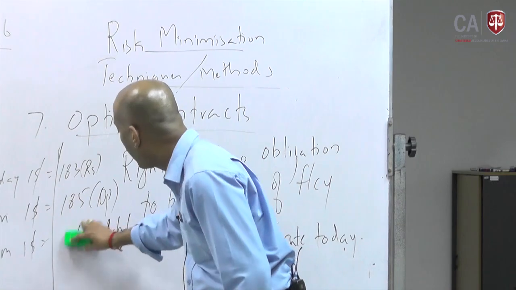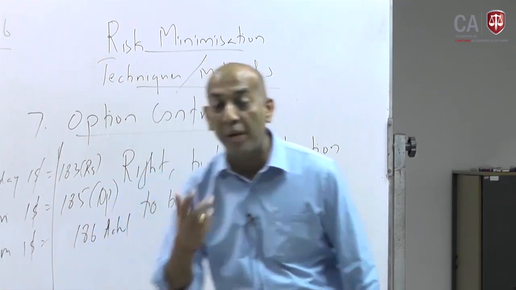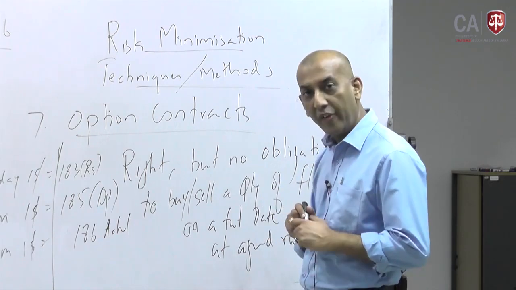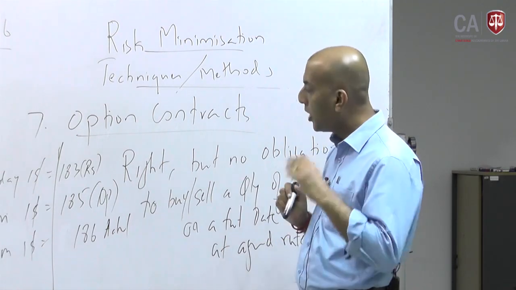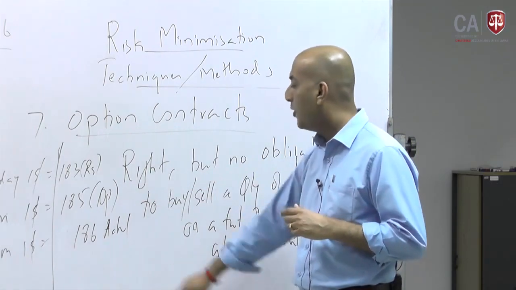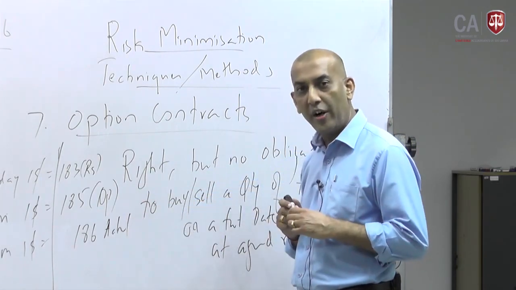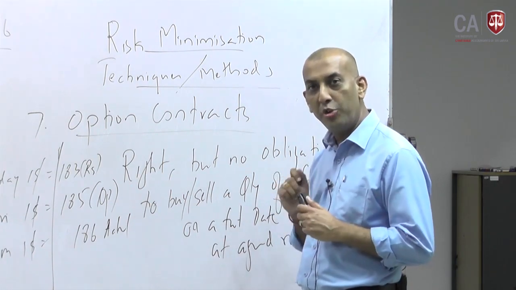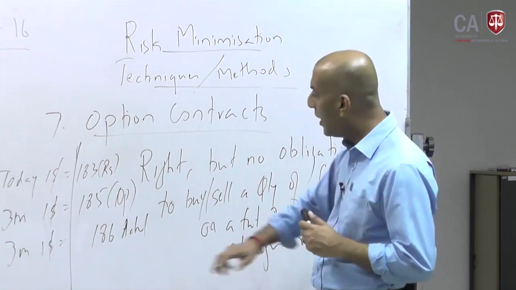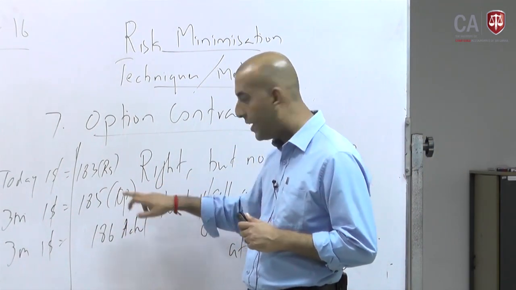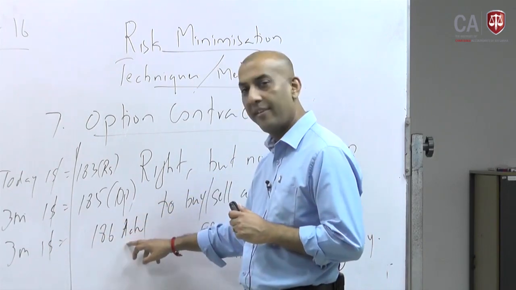But you have got the option contract at $1 equals 185 rupees. So your option contract gives you the right to buy the dollars at 185. Your market rate is $1 equals 186. Now tell me at what rate you are going to do the transaction. Your option contract tells you at 185 you can buy, your market rate is 186.